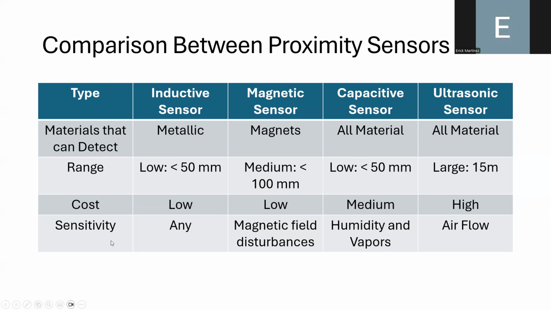Also, they can have certain sensitivity to disturbances. For instance, ultrasonic sensors are susceptible to airflow, capacitive sensors are susceptible to humidity and vapors, magnetic sensors are susceptible to other magnetic fields, and inductive sensors do not have any sensitivity.